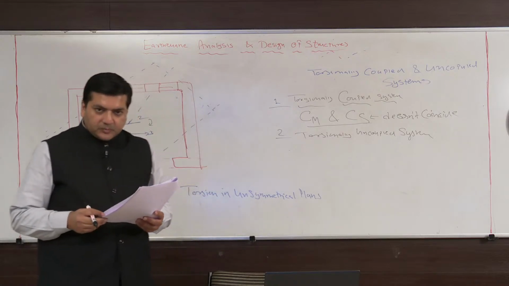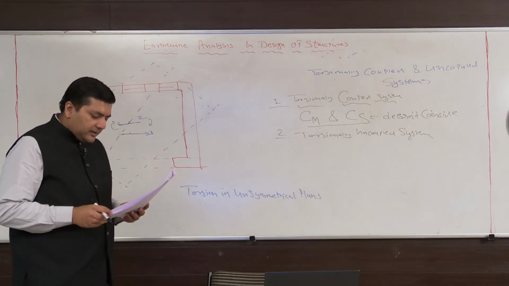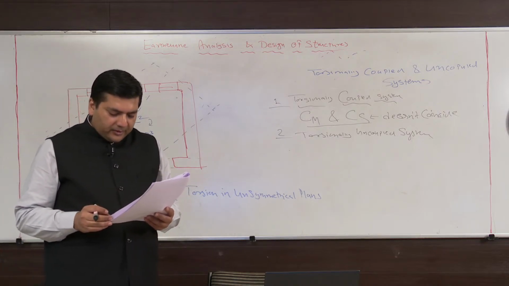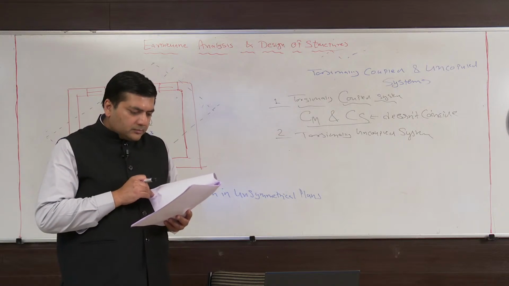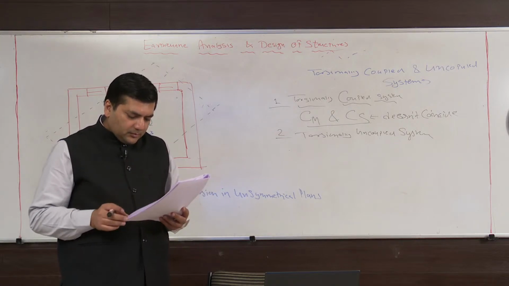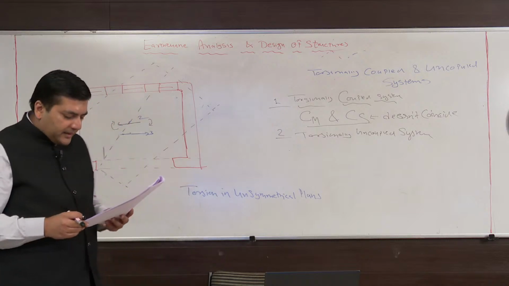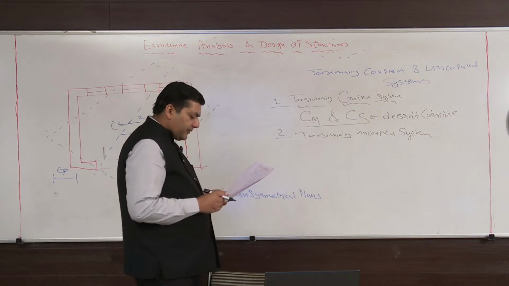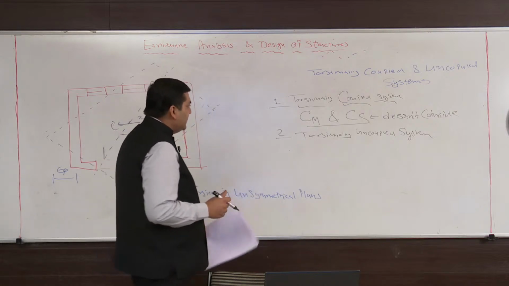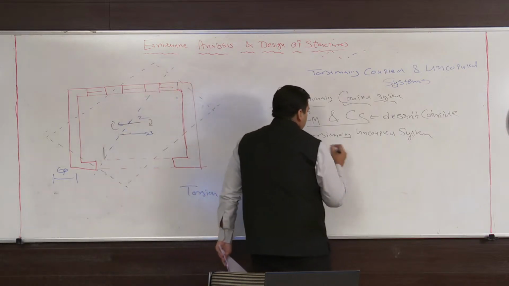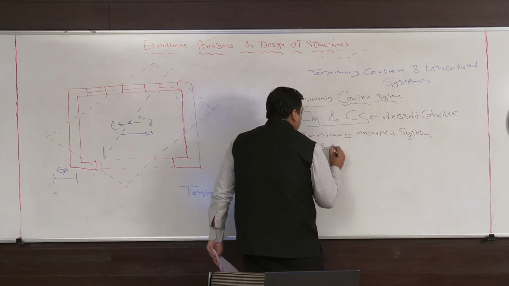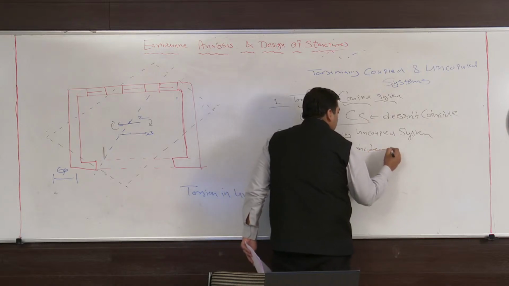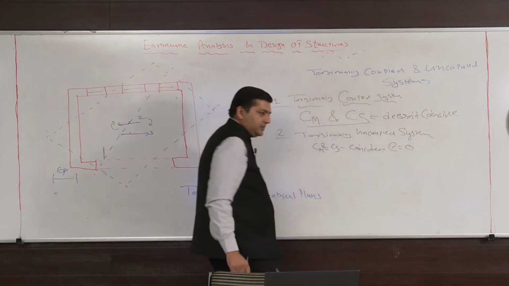So write down the structural system for which center of mass and center of stiffness coincide, that is CM and CS coincide, E is equal to 0.